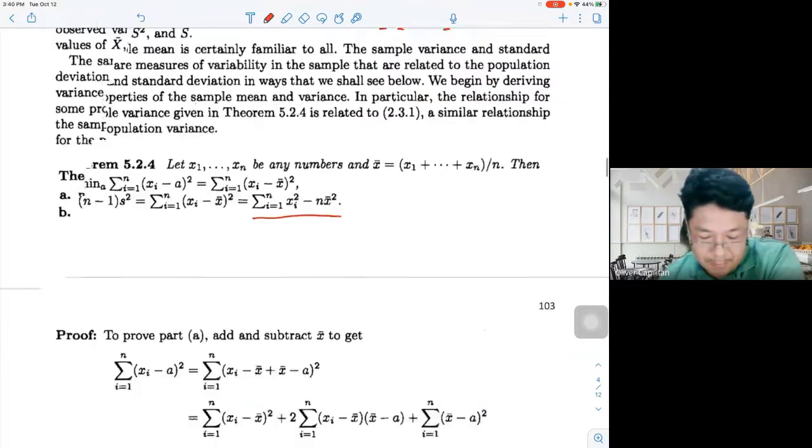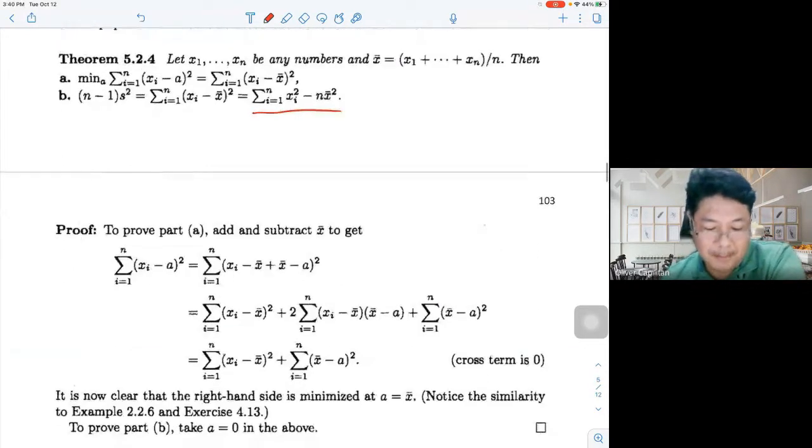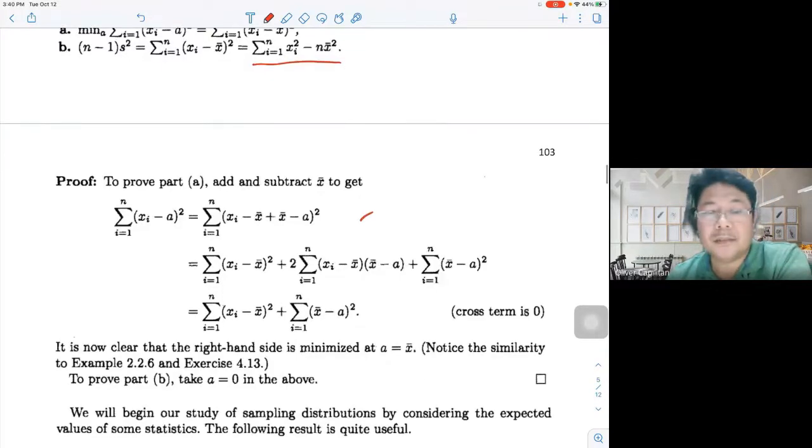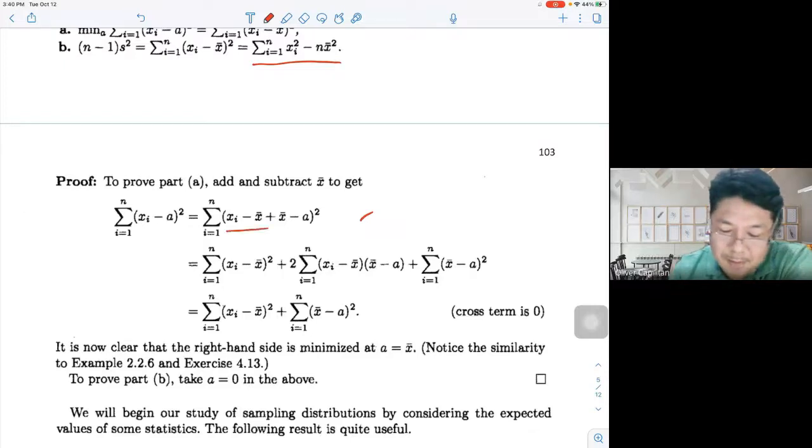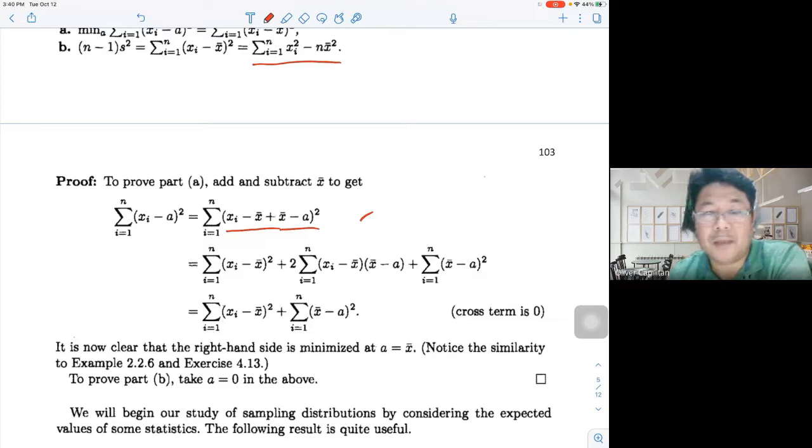So to prove part A, we add and subtract X bar. That's the first equality. After that, we expand this expression and apply the properties of summation.